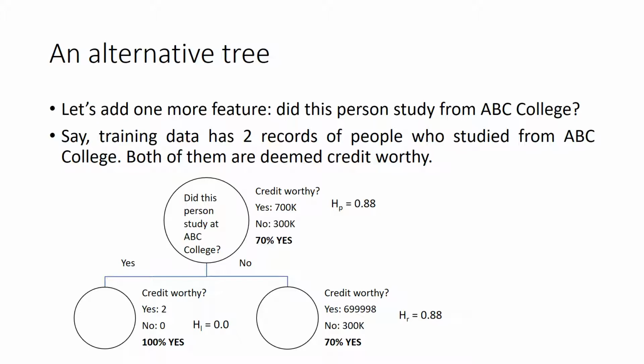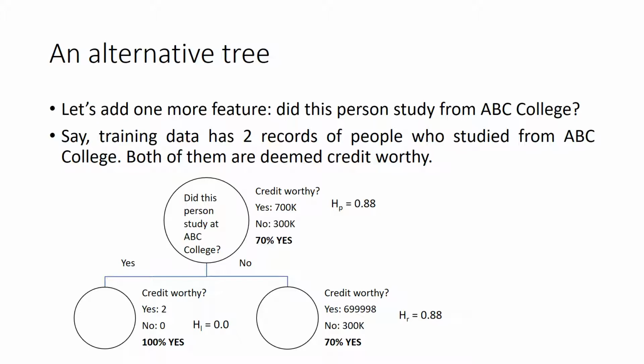So it has 699,998 yeses and 300K no's. If I look at the percentages and the entropy values, it's quite similar to the parent. It's not substantially different. So the right child has a very similar entropy to the parent, but the left child has a very, very low entropy. It has an entropy of 0.0.